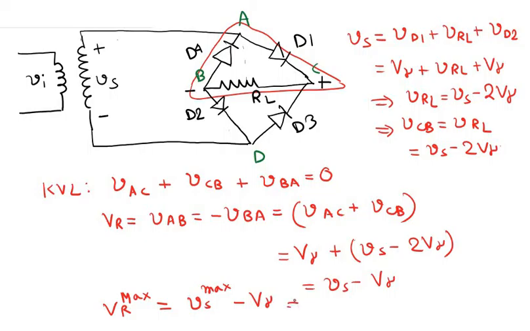This implies that the peak inverse voltage rating of the diode must be Vs max minus V gamma. Note that for the center tap transformer full wave rectifier, the PIV was 2 Vs max minus V gamma, but in this case the PIV is Vs max minus V gamma. So it has the advantage of a lower PIV rating.